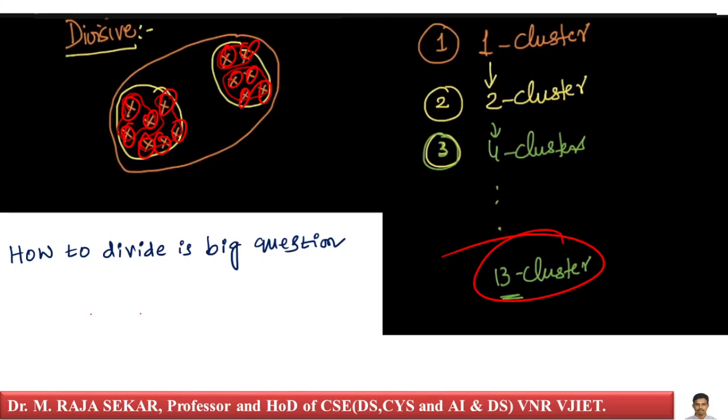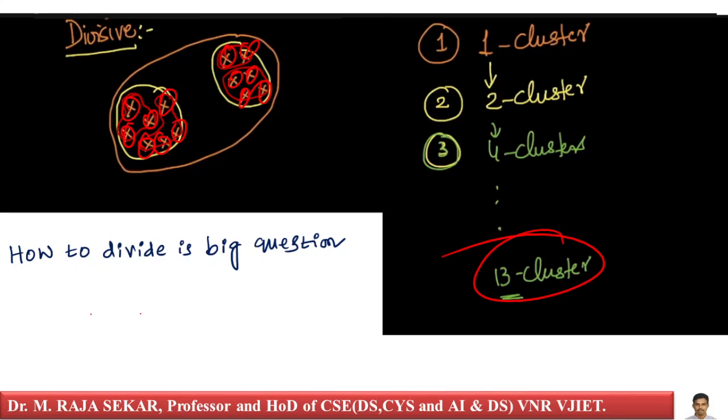This is seldom used. People typically use agglomerative because trying to group things based on similarity or distance is easier than trying to break things up. I'm not saying this is hard or impossible, but agglomerative is more popular.